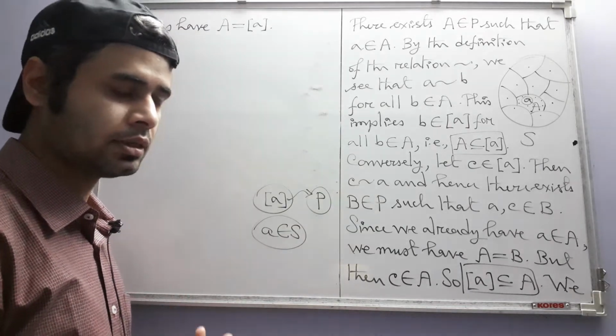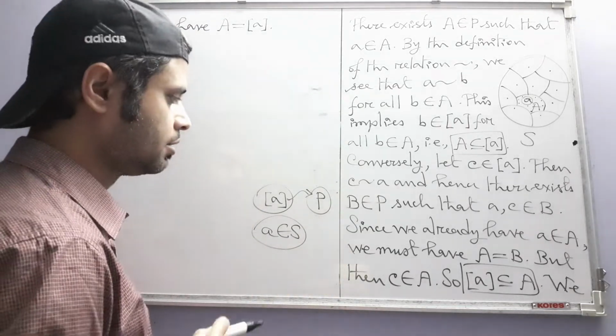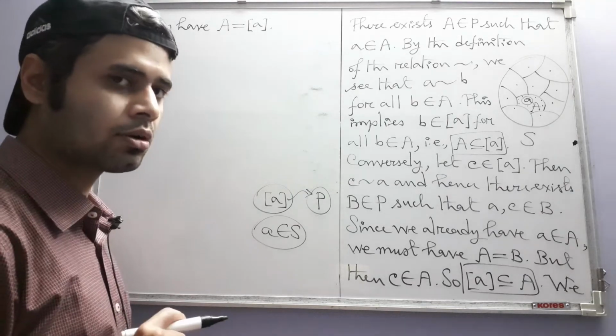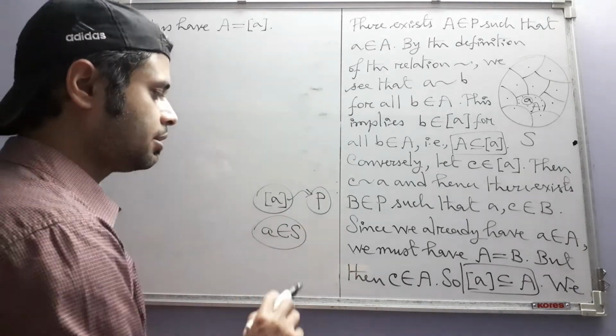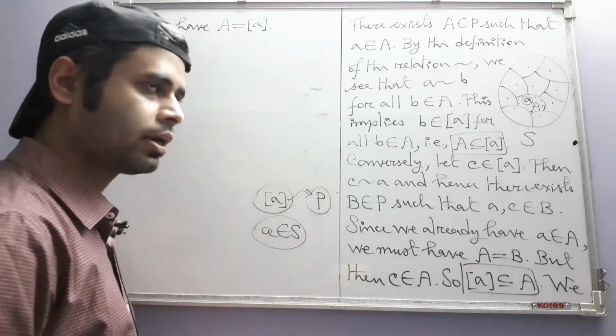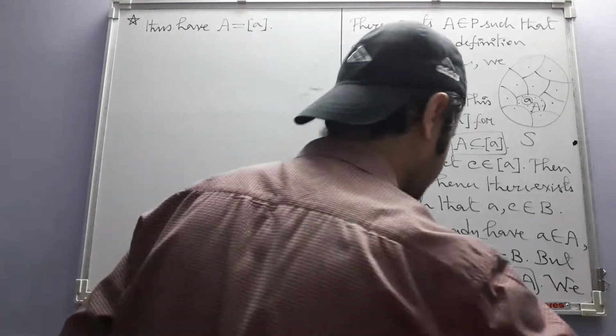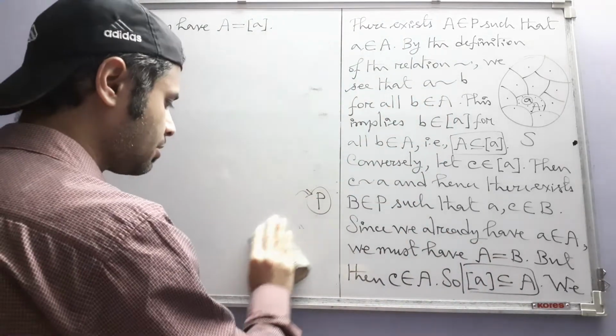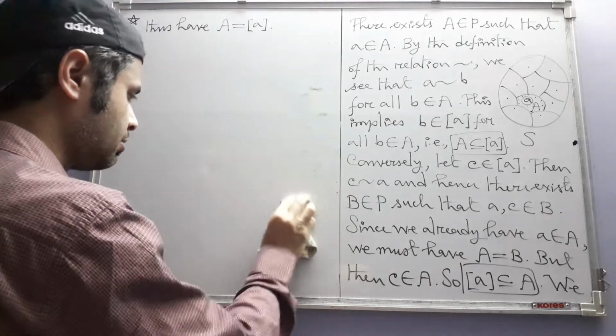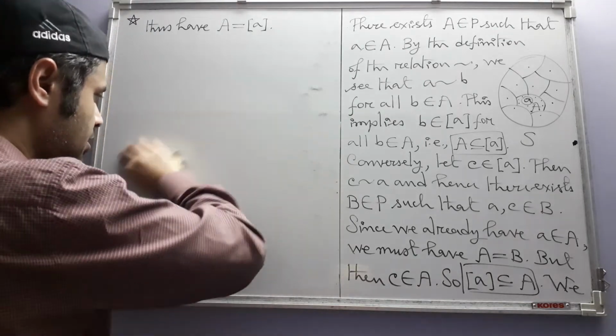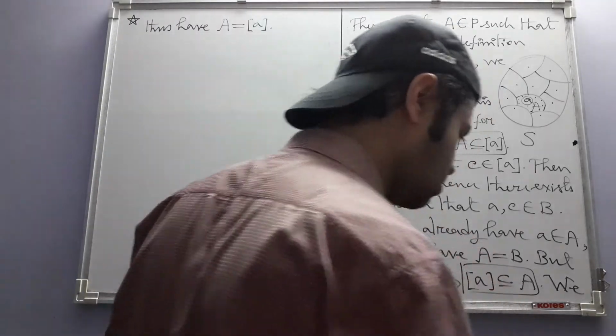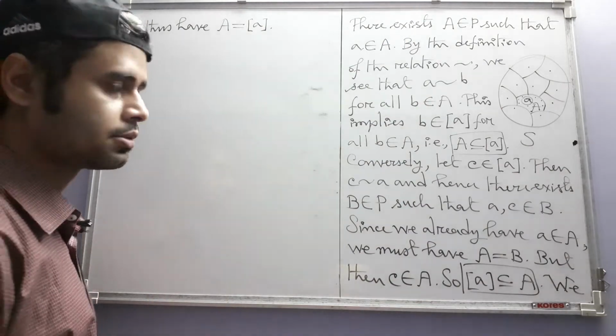It is a member of the partition. Now we have to prove the converse, that any set in the partition is after all an equivalence class. That way we will see that the sets in the partition are actually all the equivalence classes.